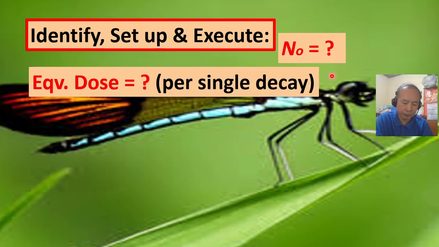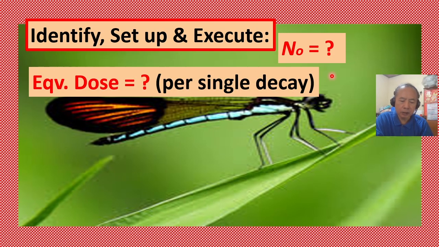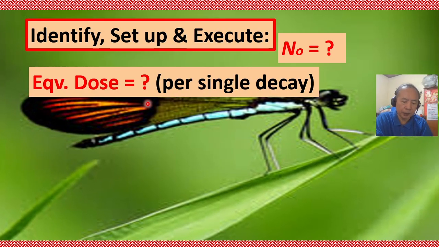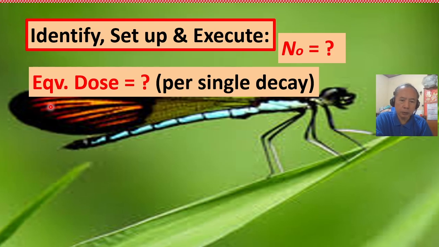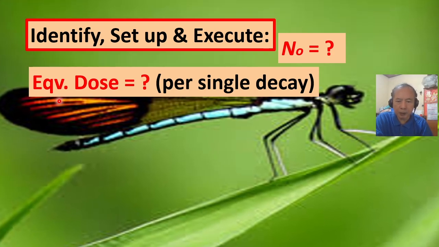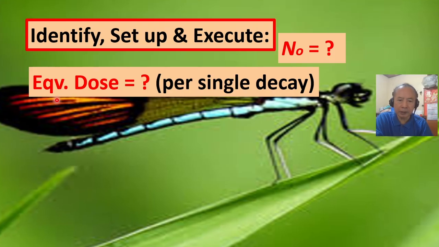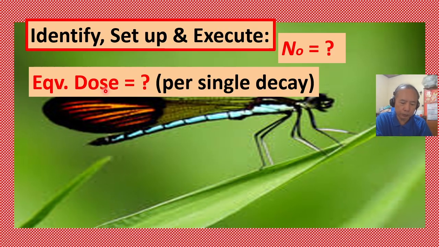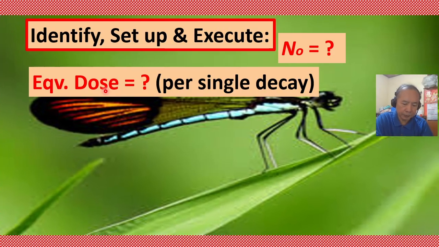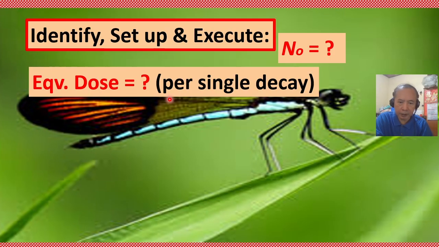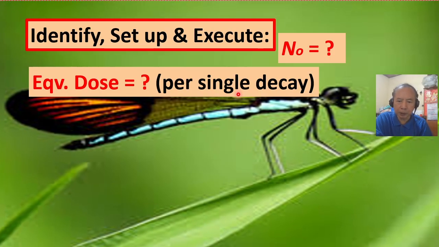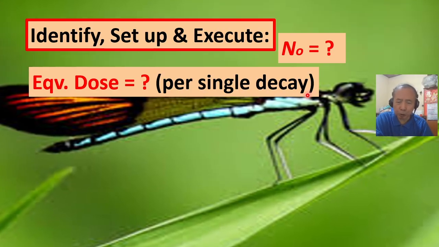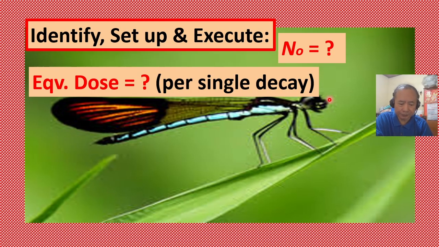We start our solution with the determination of what we call the equivalent dose, or the complete term, biological equivalent dose, but we just shorten it as equivalent dose. And here we are talking about the equivalent dose per single decay of the isotope cesium-137.